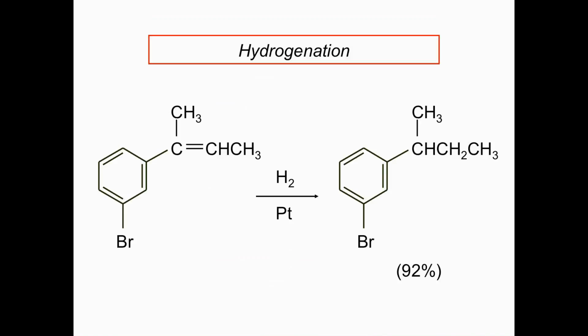We can do hydrogenation reactions at benzylic positions when the benzylic position contains an alkene. Notice that in this case, we do not reduce any of the double bonds that are in the benzene ring. Remember that the aromaticity of a benzene ring makes the ring very, very stable.